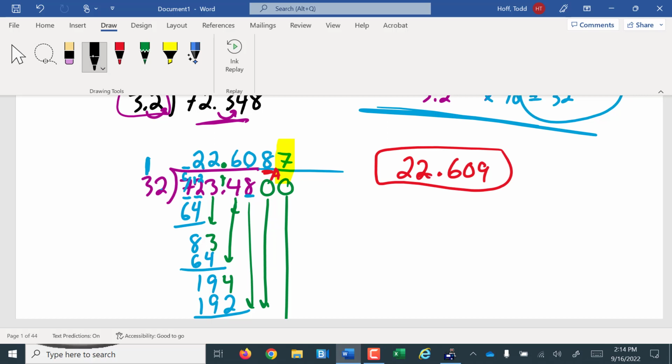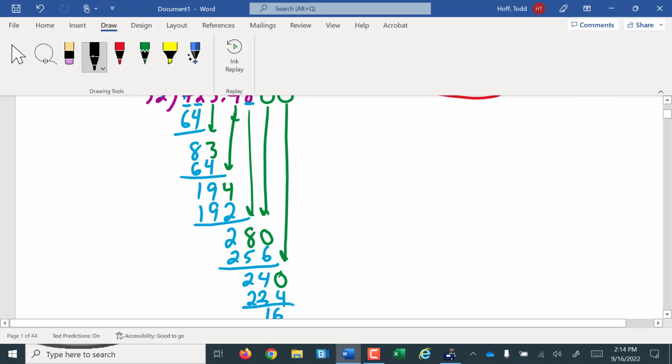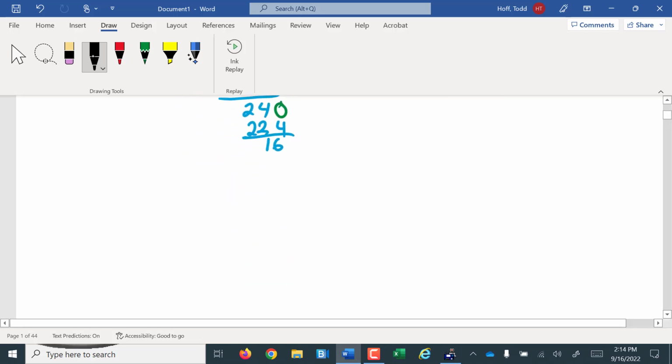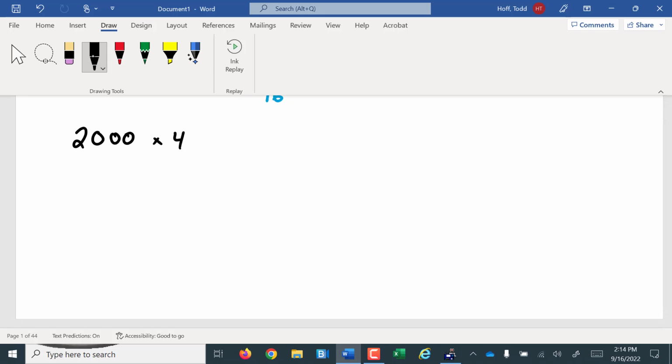Okay. Now, there are some things with decimals that are very similar to whole numbers. If I had 2,000 times 40, I can take the 2 times 4 to get 8. How many zeros do I have to put after it? 4.